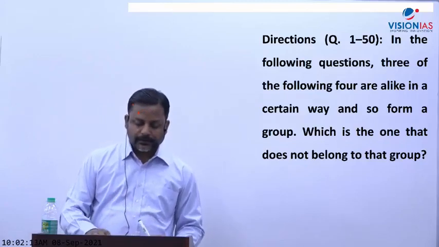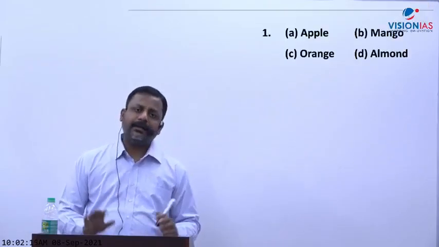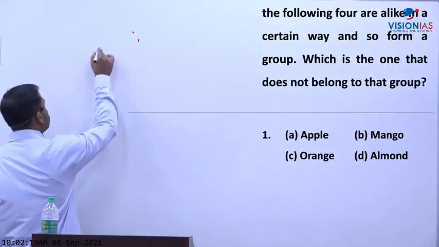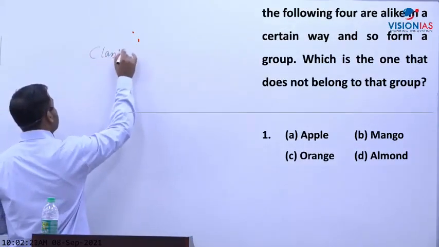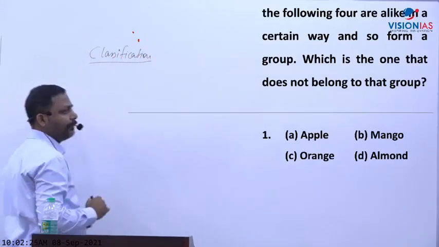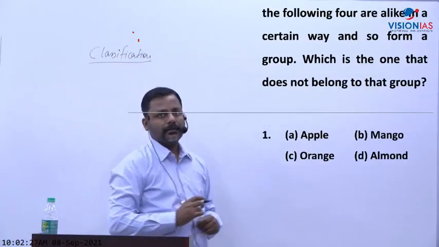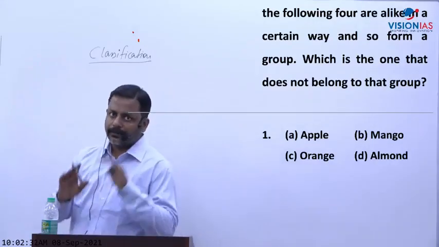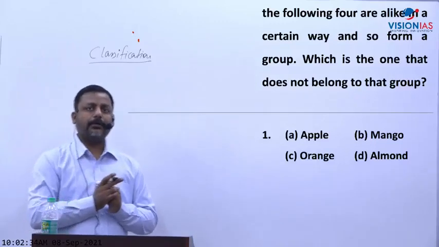So let's come to the question now. Here you will find three types of question in this particular topic, which is called classification. As I said earlier also, here 4 options will be given, out of which 3 should be similar in some way or the other. So the 3 options will form a group.